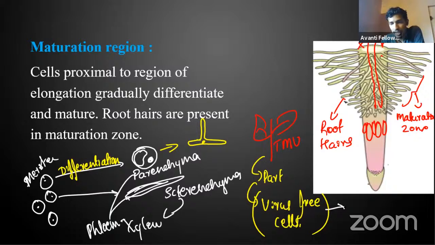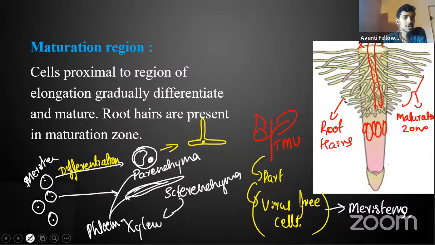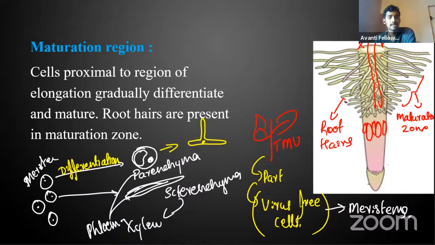Exactly, you can find the virus-free cells in the meristems. Why did I ask this question here, in the maturation zone? I could have told this in the meristem zone itself, right? But I mentioned it here because the virus in a plant normally is not in the leaf or anything.